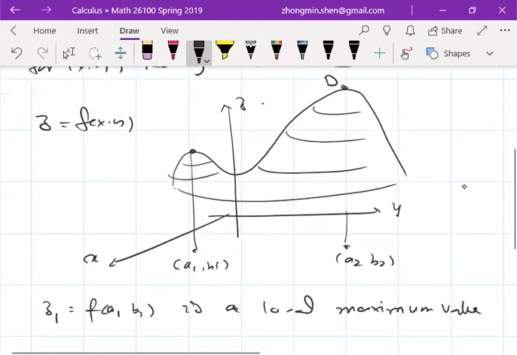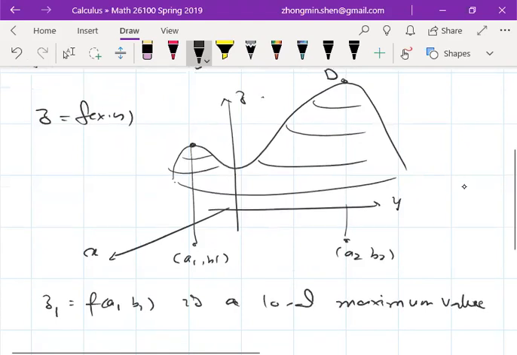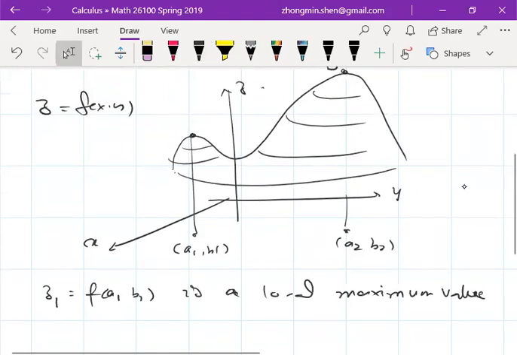Okay, it's a local maximum value, and this is not the highest point. The point is called a local maximum point. Point means it's a point, it's not a number. Okay, with 3 coordinates. So this point is not the highest point. You see, another point is higher than that.